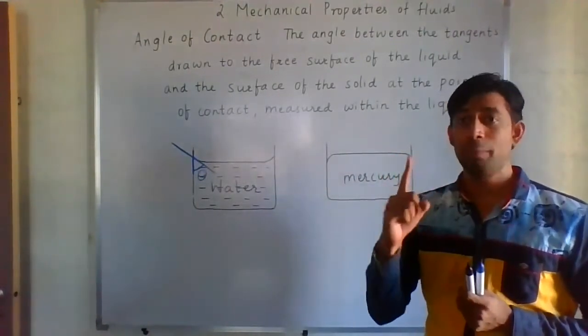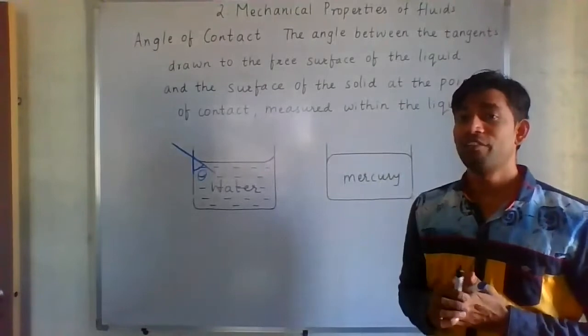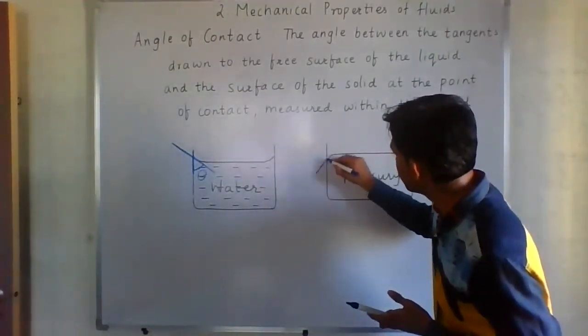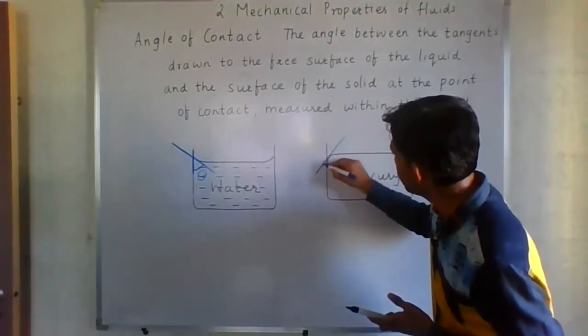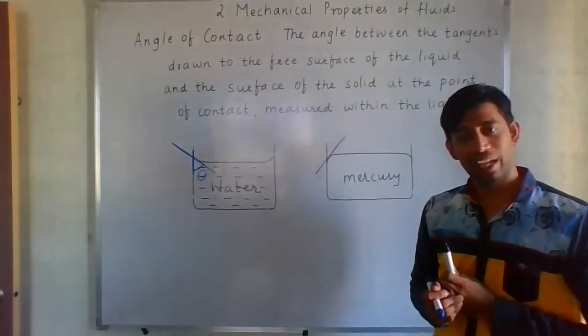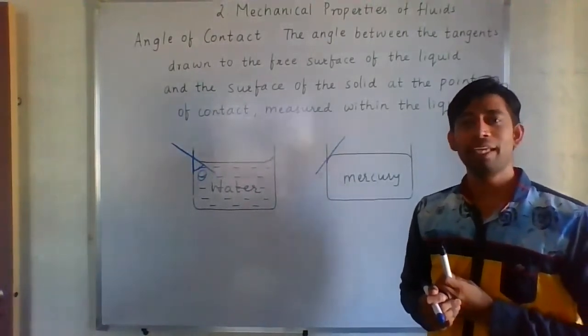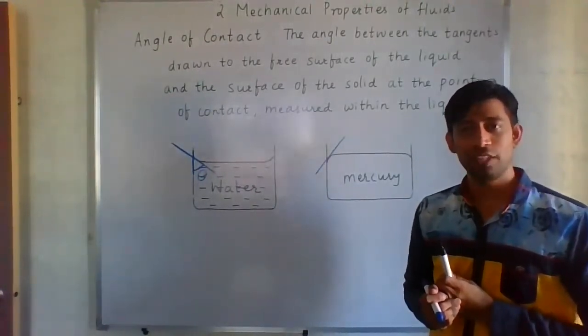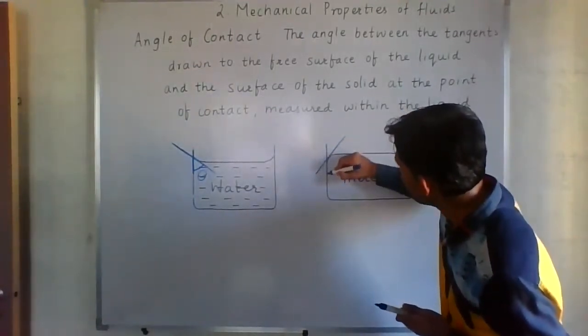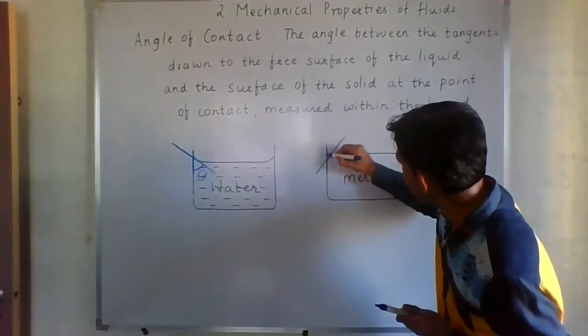First line will be tangent to the free surface of liquid, which I'm drawing like this. This is the tangent to the free surface of the liquid. Second line will be the surface of the solid. So let us consider this is our surface of the solid.